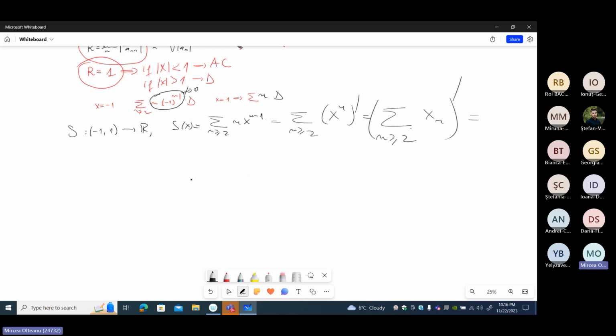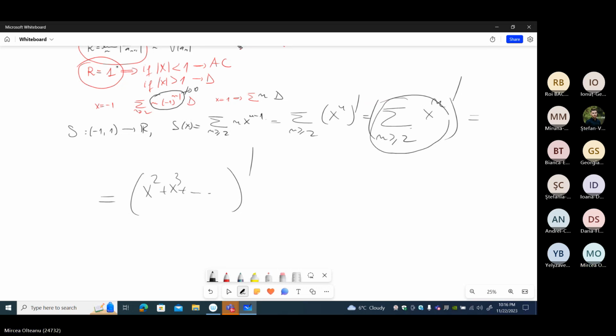But the sum inside is a geometric series, yes? This is the derivative of who? Who is the sum of this series? Attention, it starts with what power of x? x squared. So this is x^2 + x^3 + and so on.